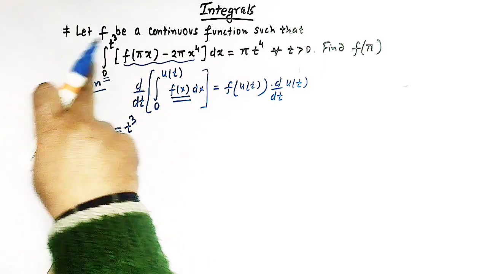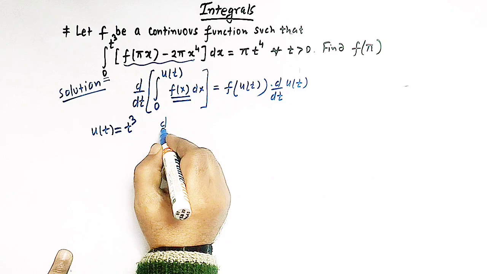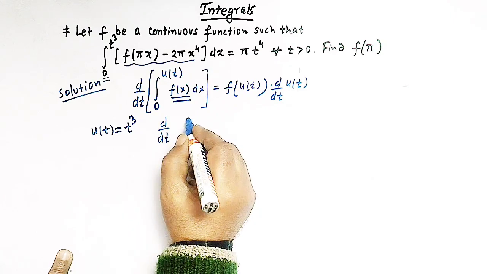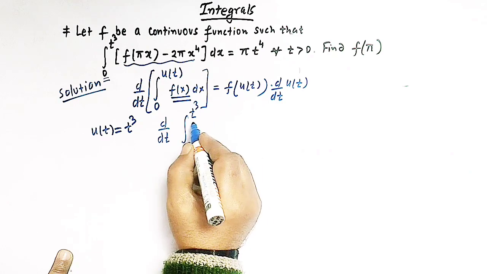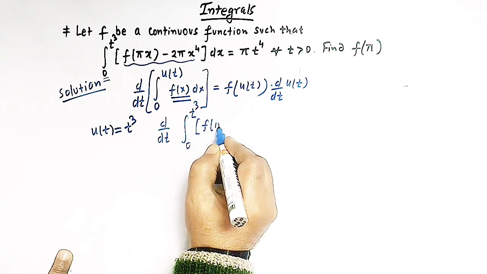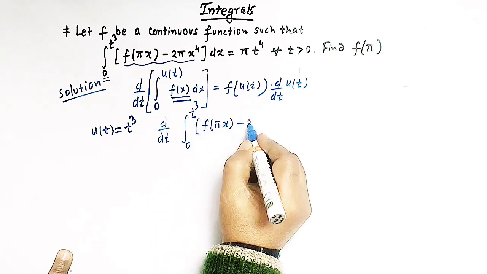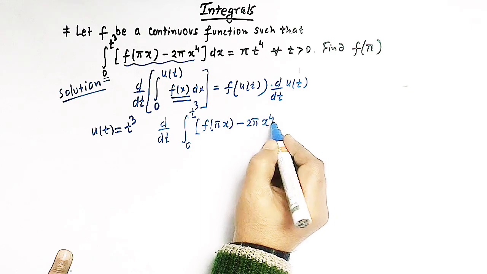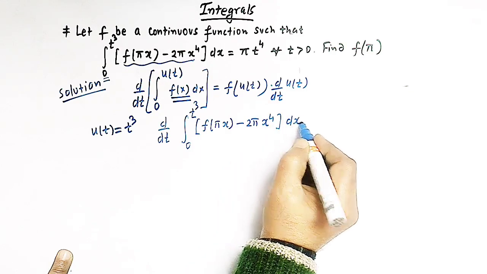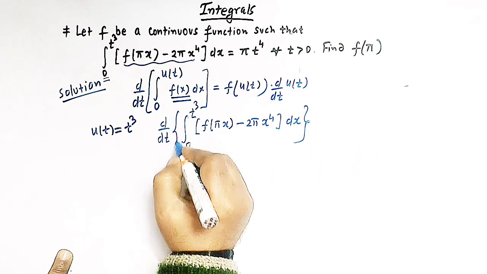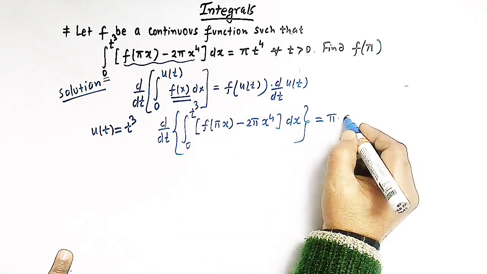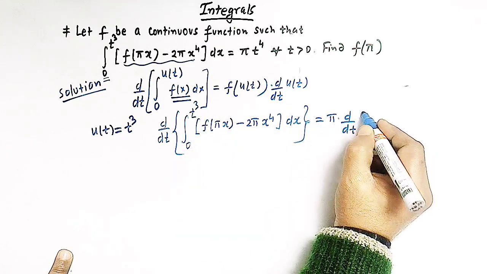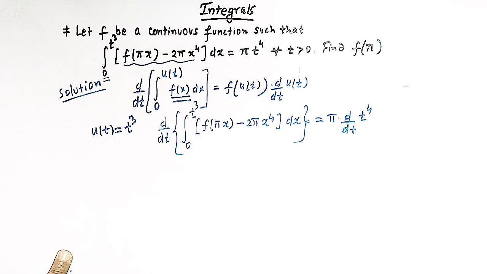So now differentiating both sides with respect to t, we have d by dt of this integral, that is 0 to t cube, and we have f of pi x, and here we have 2 pi x raised to 4 dx, and in the right hand side we have pi times the derivative of t raised to 4, right?